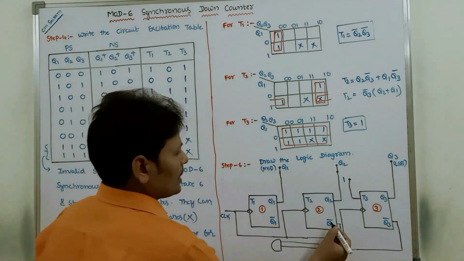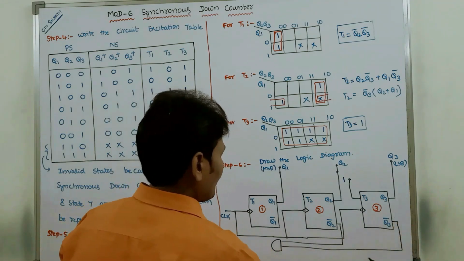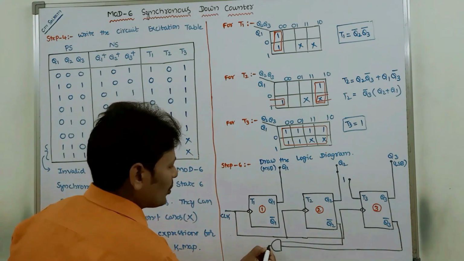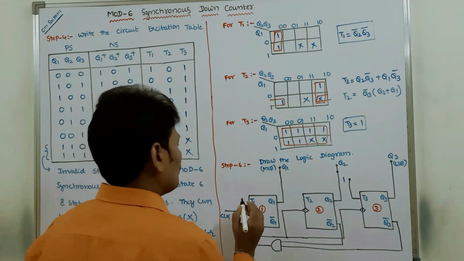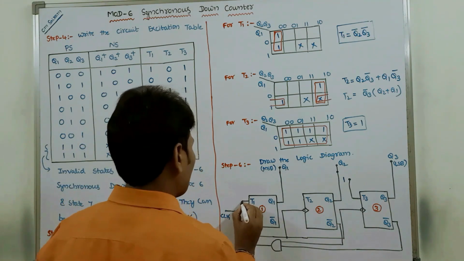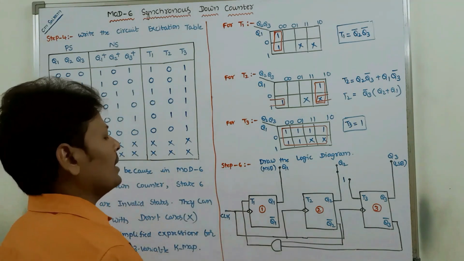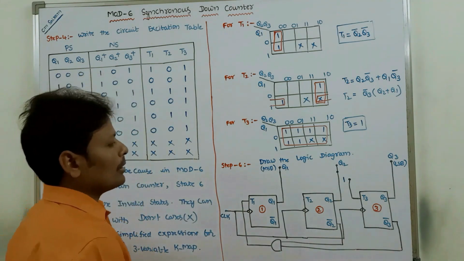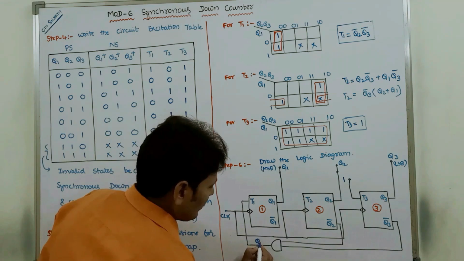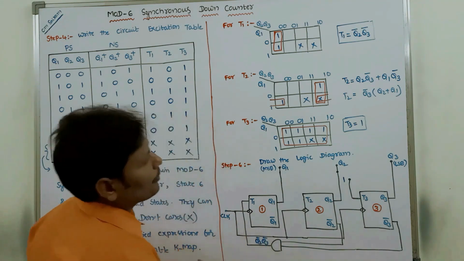Whatever the output we are getting, that output can be passed to T1. So T1 is equal to Q2 bar, Q3 bar.